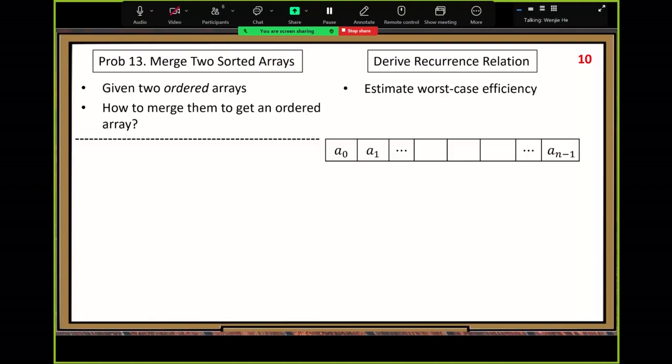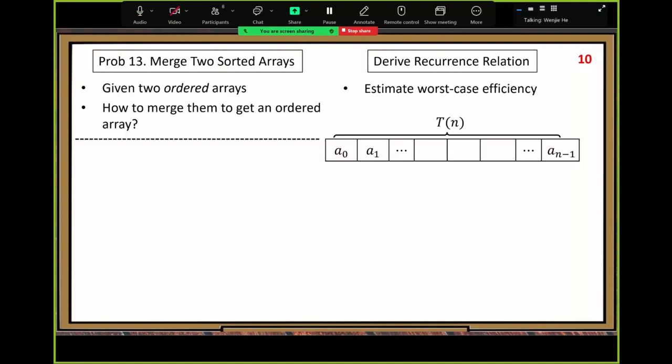But here we are doing computer science analysis, so it's okay to do approximation. That would be much easier. Let us use this capital T function to represent the total number of comparisons to sort the whole array by the merge sort.